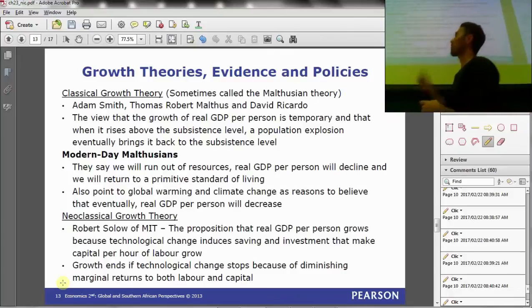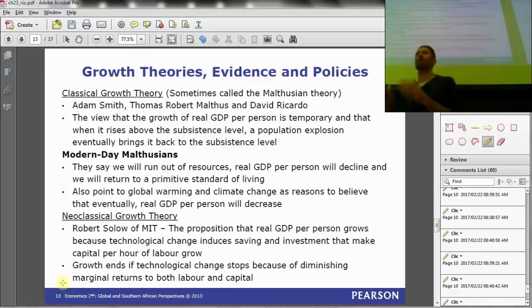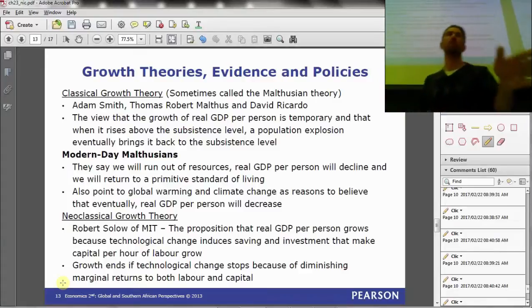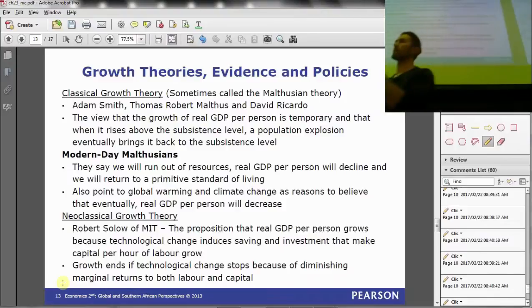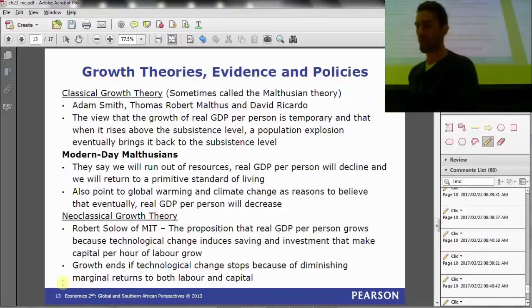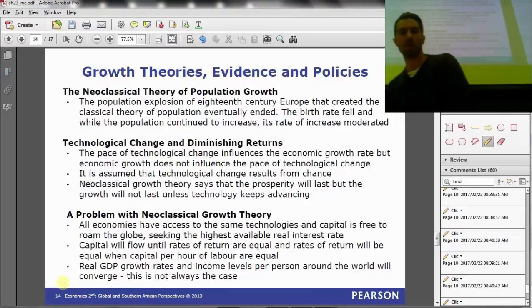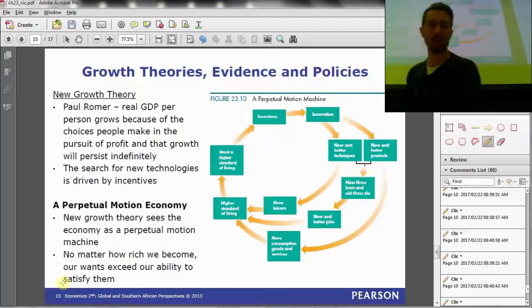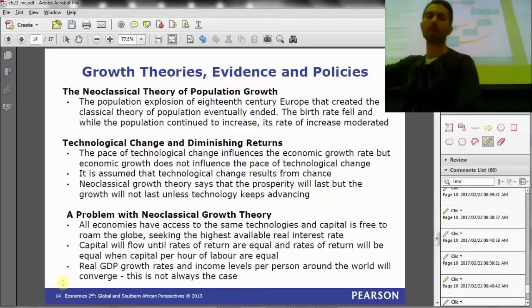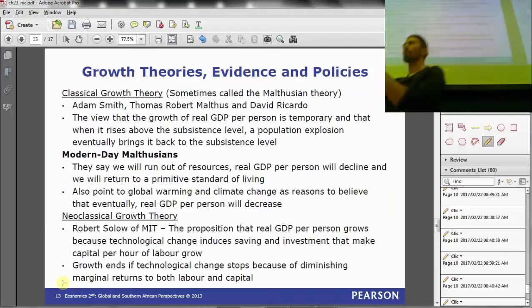So we're going to talk about a couple of different growth theories, and they kind of are chronological. So we start with classical growth theory, then we move to neoclassical growth theory, and then after the problem with neoclassical growth theory, new growth theory. So those are our 3 growth theories that we're going to look at, and they come chronologically in time. They follow the way we're going to discuss them.